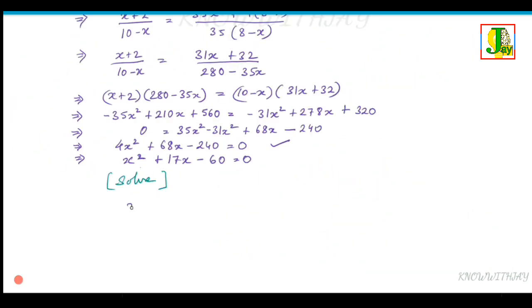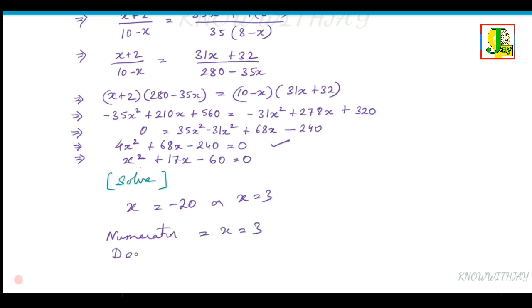We get x equals minus 20 or x equals 3. So discarding the negative value of x, because as we said, the fraction is a positive one, numerator equals x, that's 3.